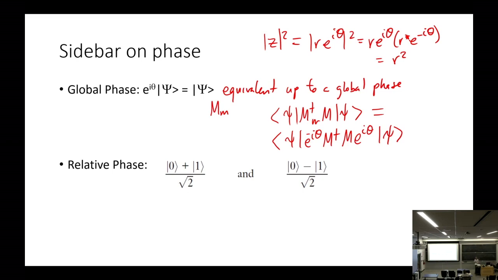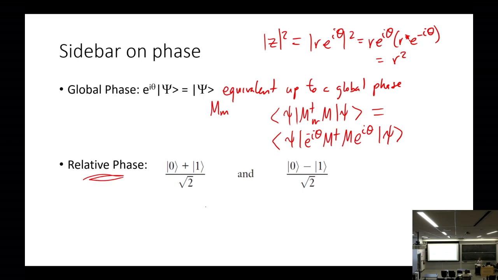Okay, there's another kind of phase that comes up when we're talking about our qubit systems, and that's the relative phase. So here, let's say I have these two states: (|0> + |1>)/square root of 2, and (|0> - |1>)/square root of 2.